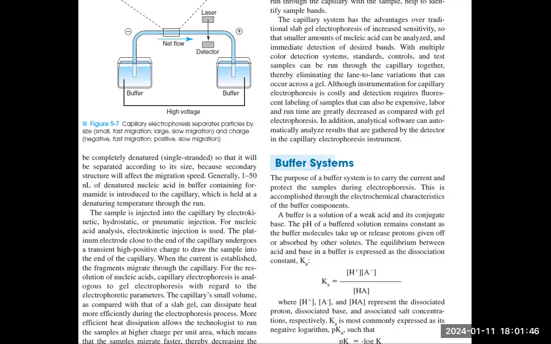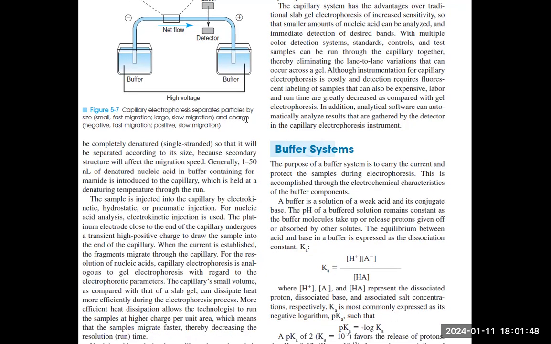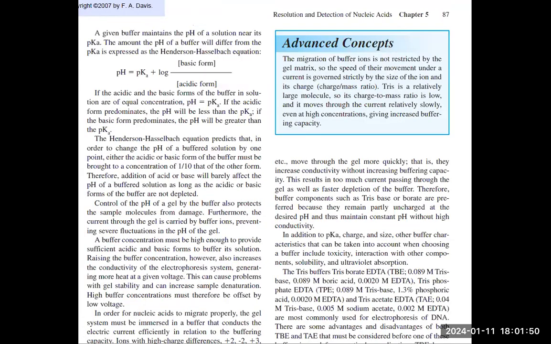I think you had a lot of lectures on this during your CC class, so we will not delve much. We'll go directly to the main thing for molecular diagnostics. According to the Henderson-Hasselbalch equation, for us to change the pH of a buffered solution by 1 point, either the acidic or basic form of the buffer must be brought to a concentration of 1/10 that of the other form.